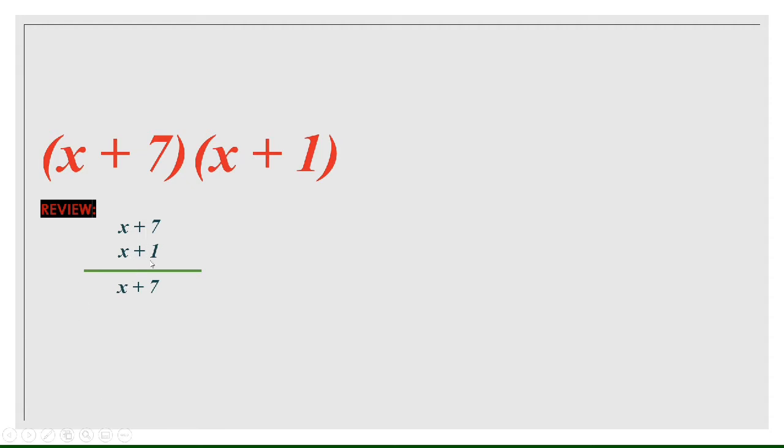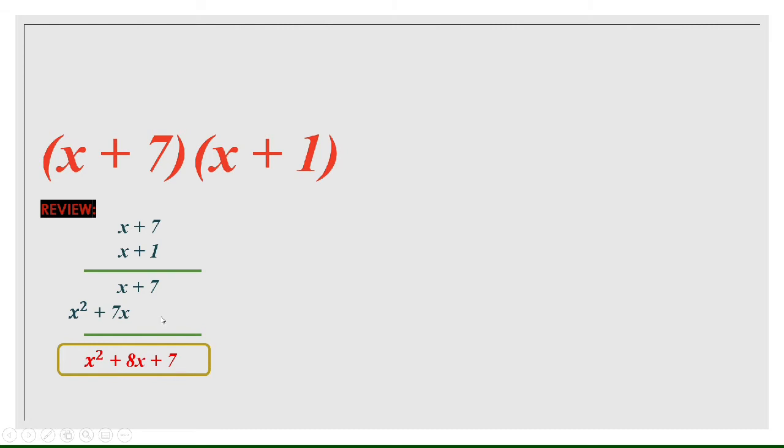After multiplying using this one, we will be multiplying this equation using this one. So x times 7 is equals to 7x. And x times x is equals to x squared. Okay? So adding both these expressions, it would be giving us x squared plus 8x plus 7.